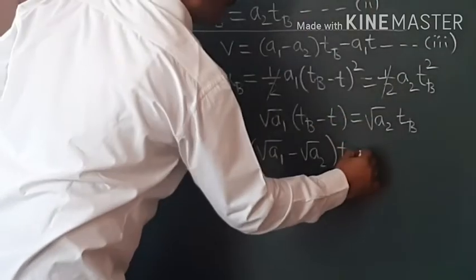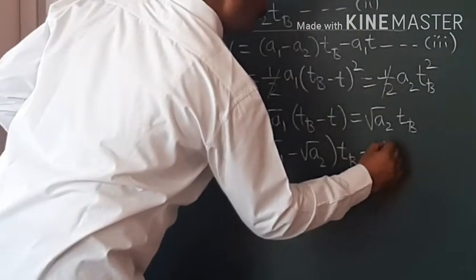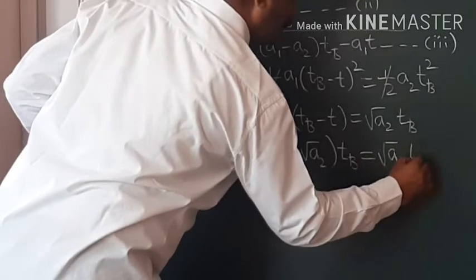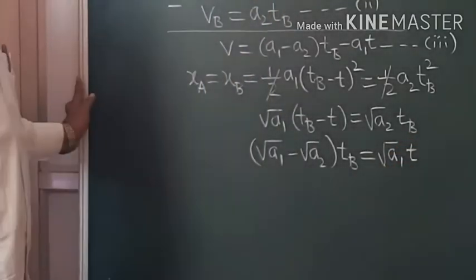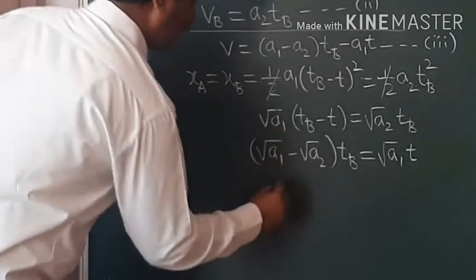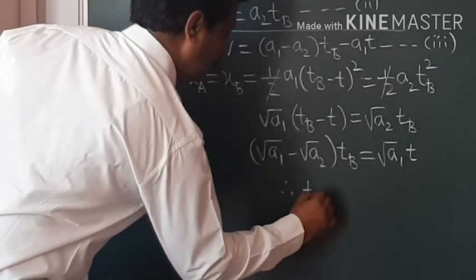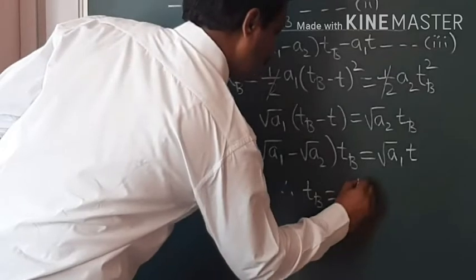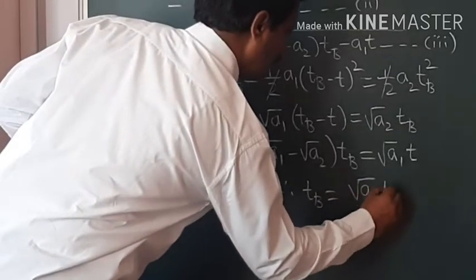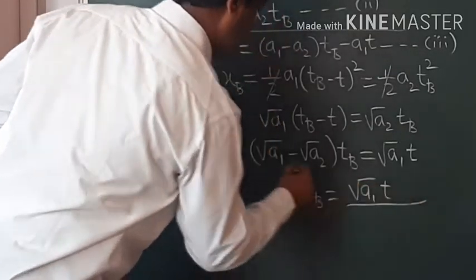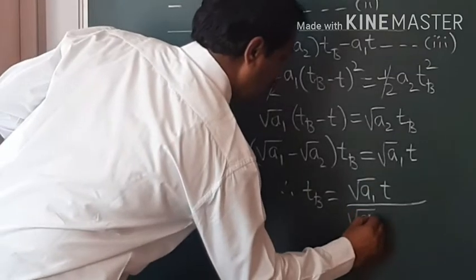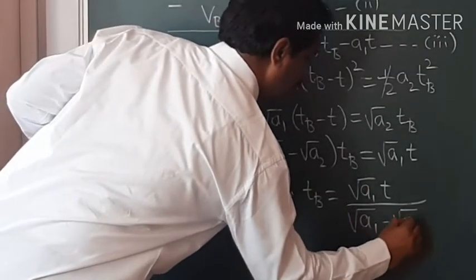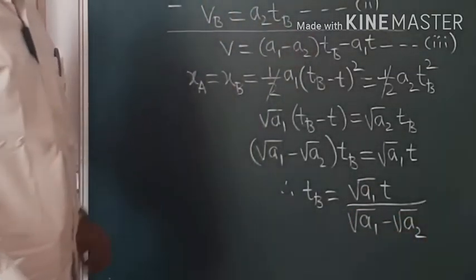I will send it to the other side. Then it becomes plus the square root of a1 t. Therefore, we can write tb is equal to root a1 t divided by square root of a1 minus square root of a2.